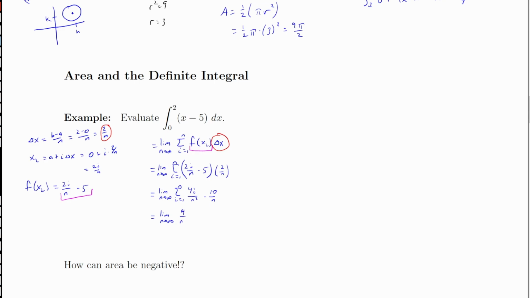So I factor that 4 over n squared out, and I have the sum from 1 to n of i. And then over here, I just have the sum from 1 to n of negative 10 over n. Remember that if you have the sum of a constant, you get that constant times n. And for the sum from 1 to n of i, we have that n times (n plus 1) over 2 formula that we just saw a minute ago.